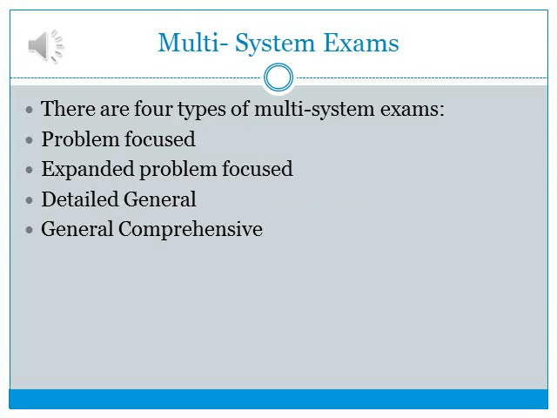There are 4 types of multi-system exams: problem-focused, expanded problem-focused, detailed general, and a general comprehensive exam. Each of the 4 types increase in the number of body areas examined and the level of detail assessed in each body area. To master this type of coding knowledge, we'll take an in-depth look into E&M coding as well as practice. Lots and lots of practice.